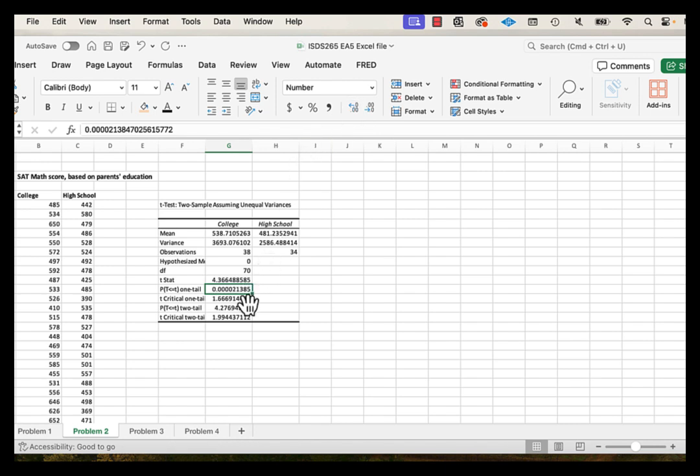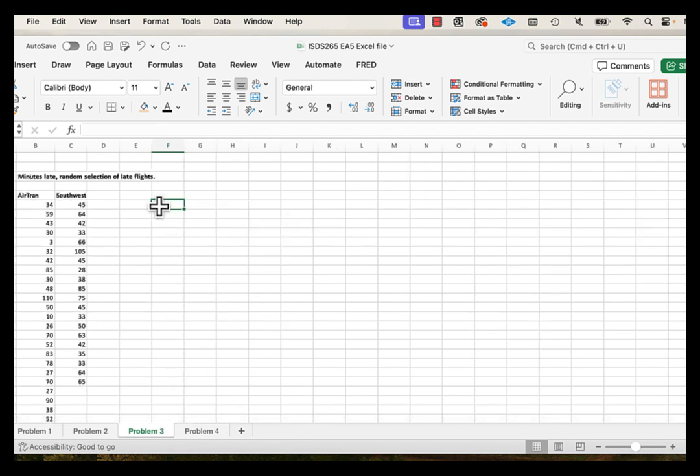Okay, so if you're not used to this e to the minus stuff, you can always do that. But pay attention for whether there's an e to the something there at the end. Okay, scientific notation. So this is significantly less than 0.05. So again, we would reject the null hypothesis in favor of the alternative hypothesis, which is what our claim was.